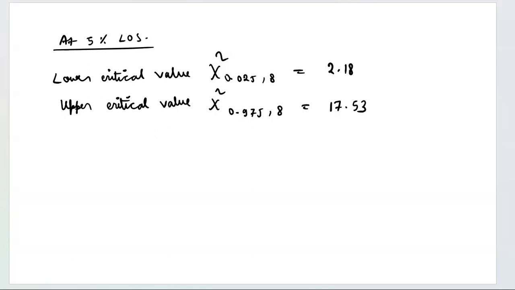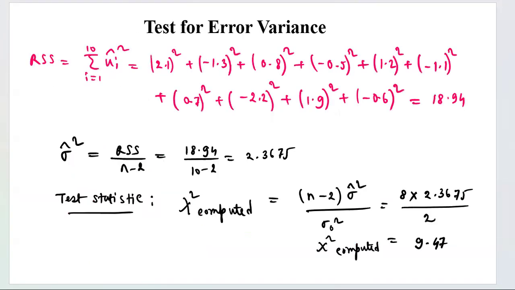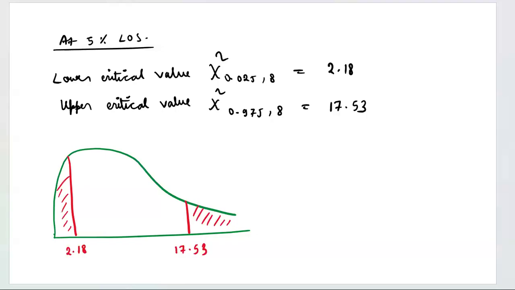Okay. So what we see here, this is the scenario. Here you have 2.18 and here you have 17.53. So these are the two rejection regions that we have. And what was the computed value? Computed value was 9.47. 9.47 clearly lies in the acceptance region, right?